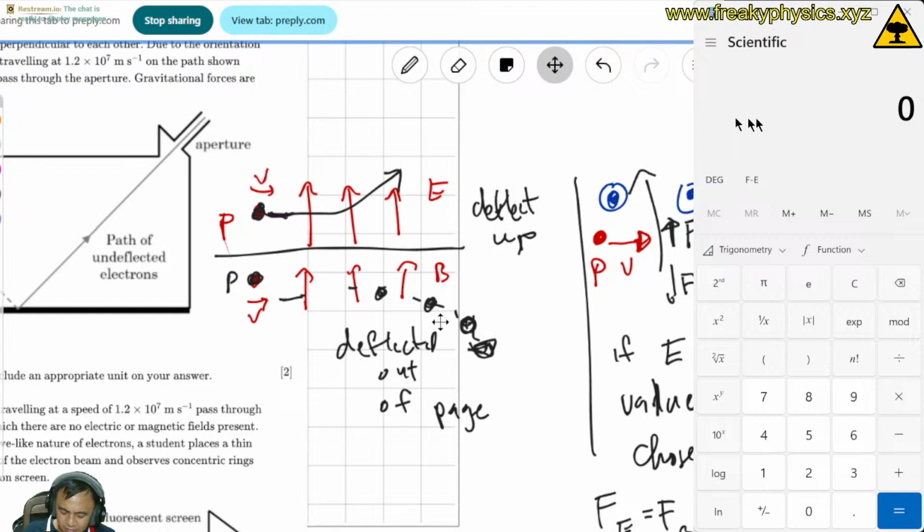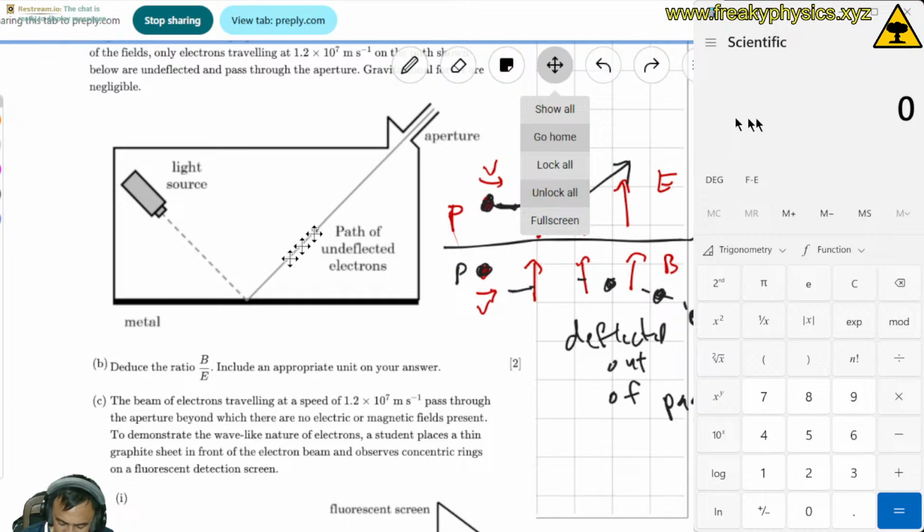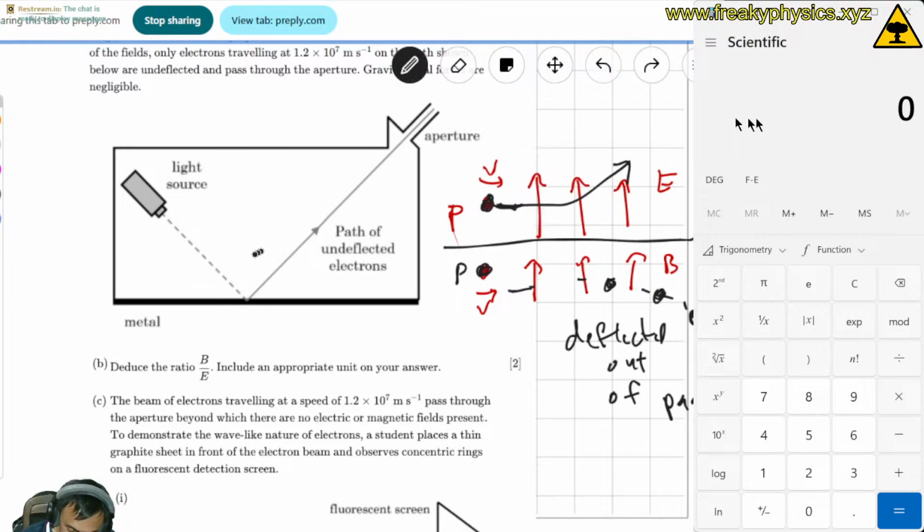Okay. So the idea here, if we go to the problem, is there are these undeflected electrons, right? I'm going to draw that these electrons have a velocity v0.